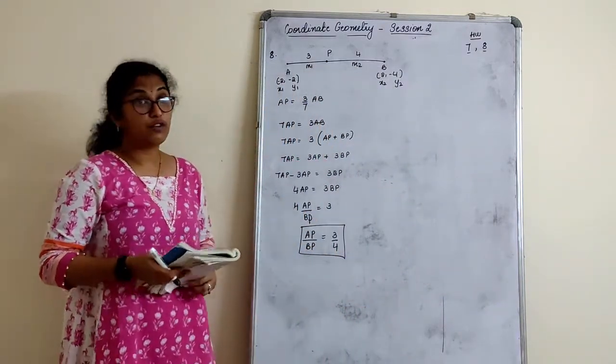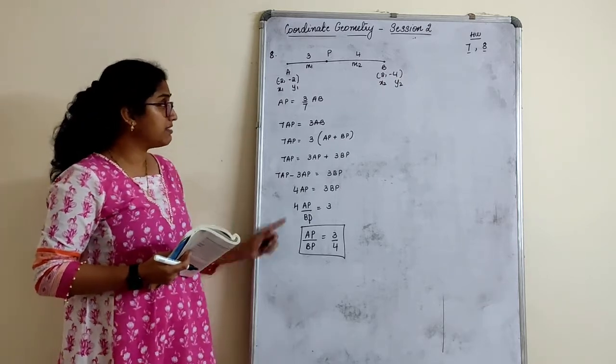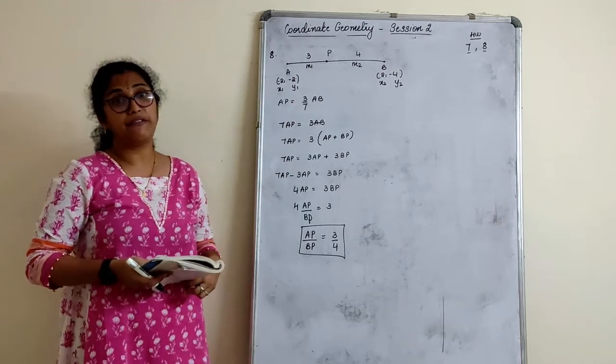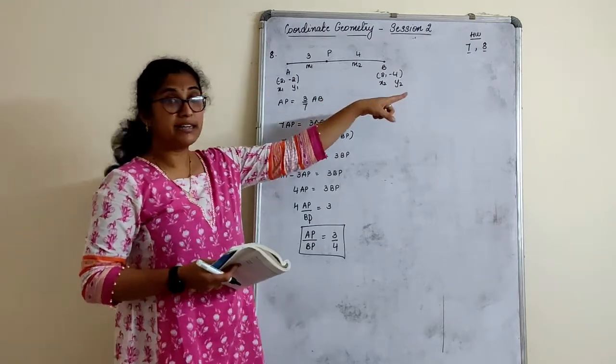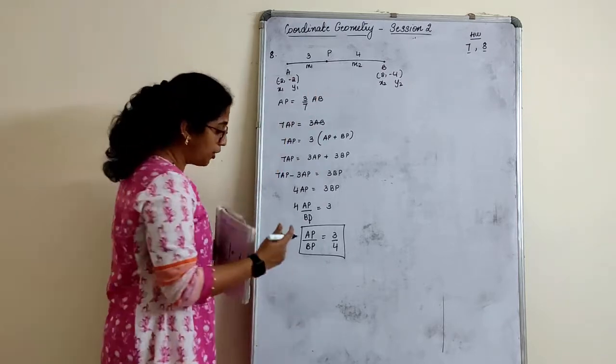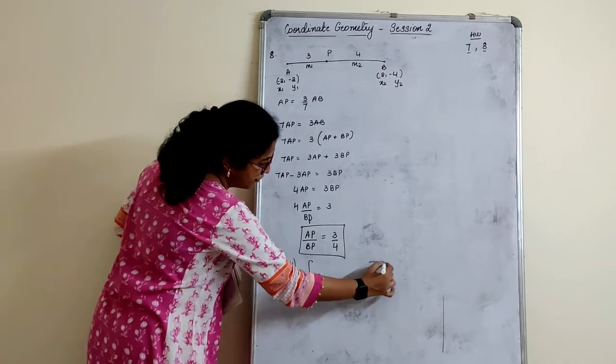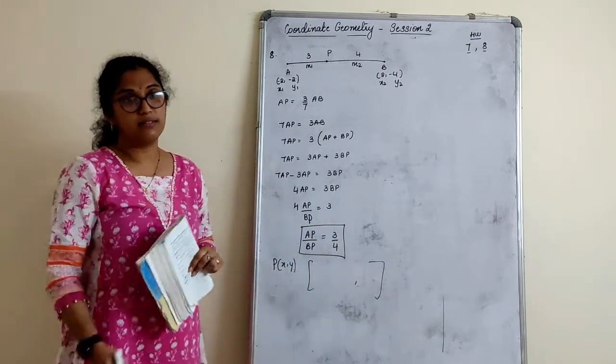So tomorrow Friday, what video will you get? You can complete this homework part. It is simple. See, I have solved it till here. I think you can find the coordinates further. 8th one I have marked as homework, but half I have already done. The remaining, finding the point P, x, y by the section formula, you have to take as homework.